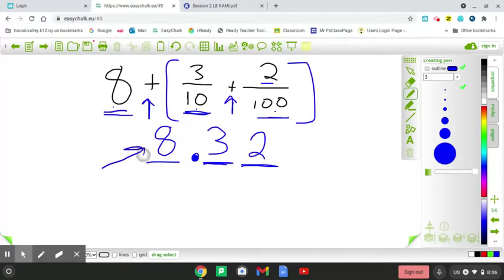Start with my whole number, 8, decimal, and read the decimal, 32, and say the last place value, what the size of the parts are, 8 and 32 hundredths.